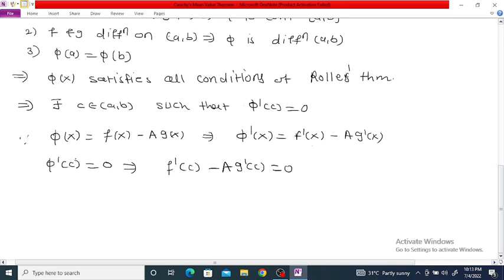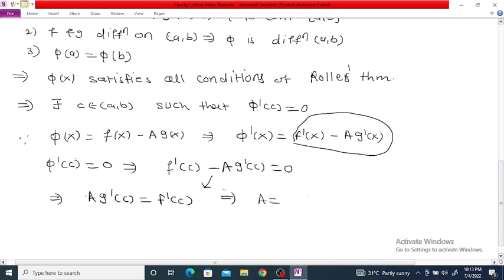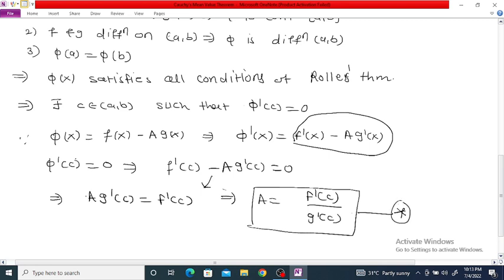If we simplify this equation, we get a times g dash c is equal to f dash c, so a is equal to f dash c divided by g dash c. This is equation number 1, or star.